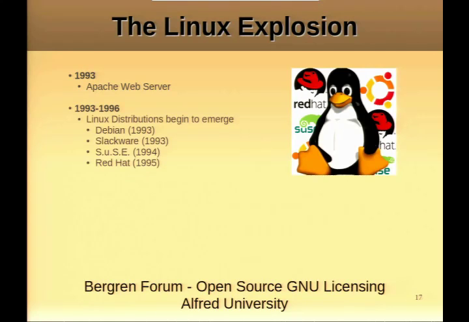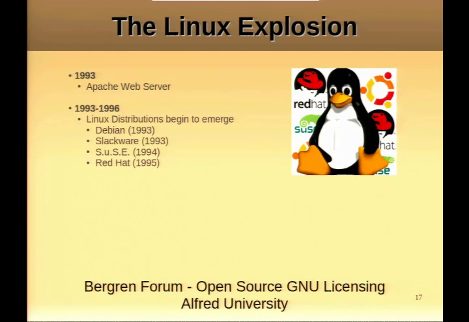So, between then and 1996, Linux distributions began to emerge. They basically took the core of the Linux GNU system and they ran with it and developed the operating system that they wanted. That whole thing about open source being able to share, to alter and to share. And that's what they did. They altered it to base it on a particular set of ideas, notions and strategies that they thought were more important.